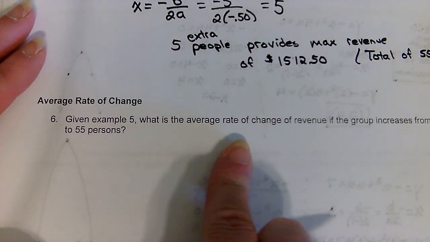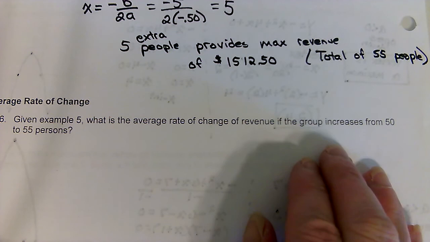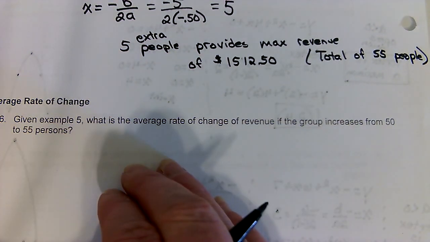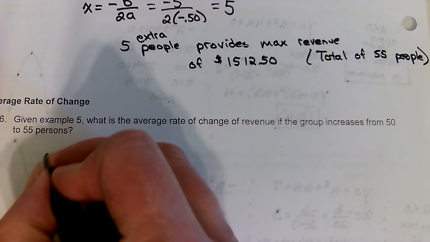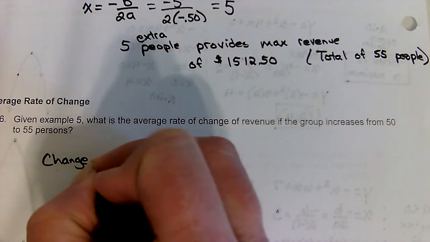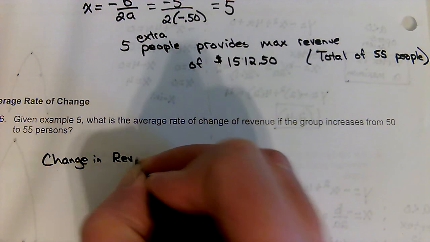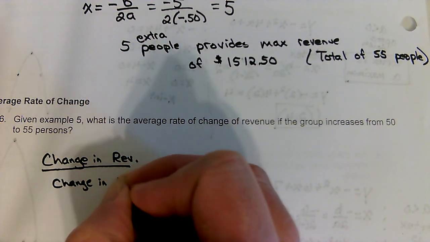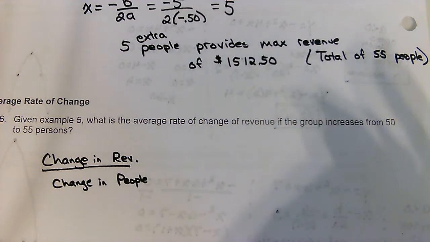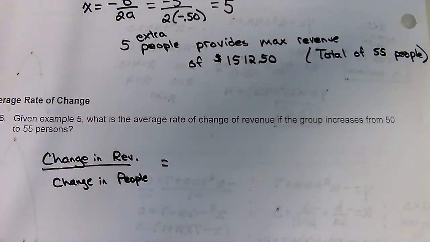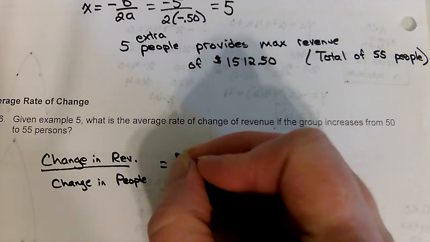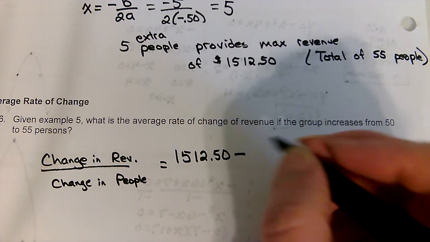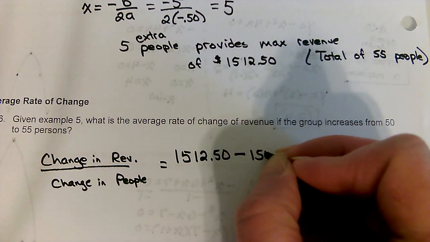Given this last example, what is the average rate of change of revenue if the group increases from 50 to 55 people? So what we want to look at is the change in revenue over the change in people. The revenue at 55 was 1,512.50, and the revenue for 50 people was 1,500.